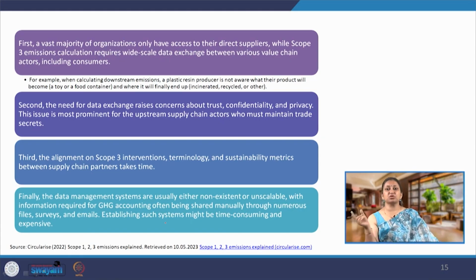Their emissions might not be known to me, and a lot of times the smaller vendors, the smaller manufacturing facilities, may not have the necessary expertise and also the funding available to them for recording, measuring the emissions, for making a proper measurement and verification to follow a protocol like that.